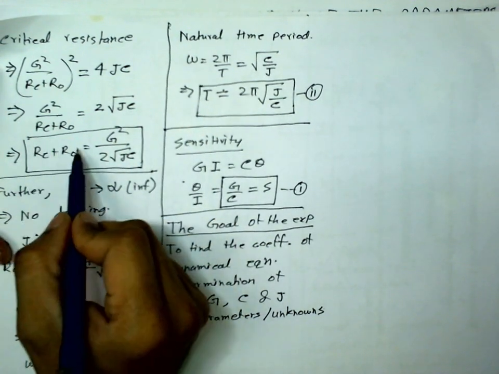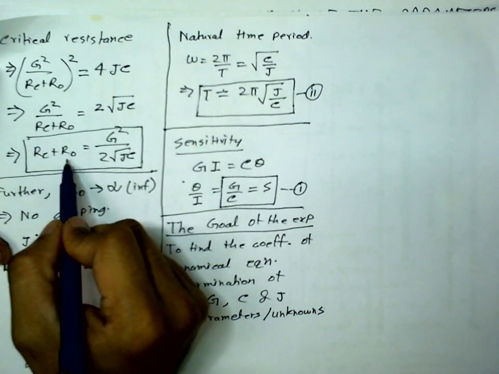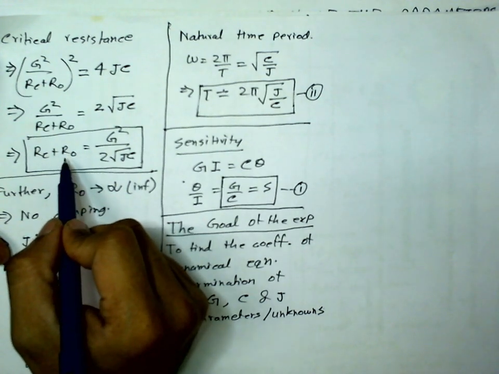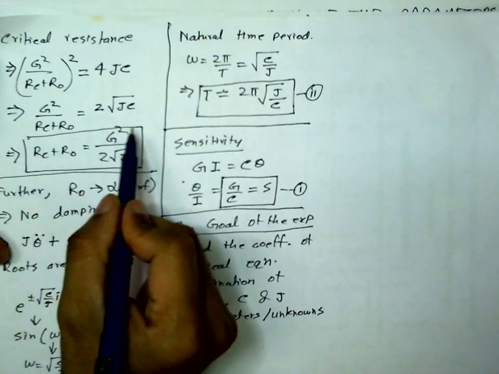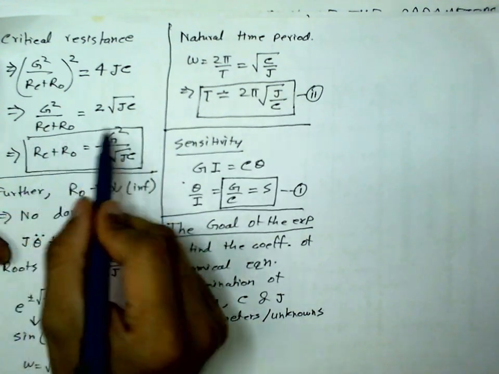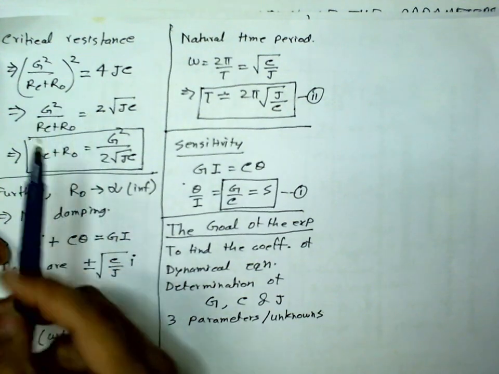So this left hand side is the resistance of the coil which we can measure, plus the resistance of the external circuit, that is also measurable, and this is true only when the moving system is critically damped.